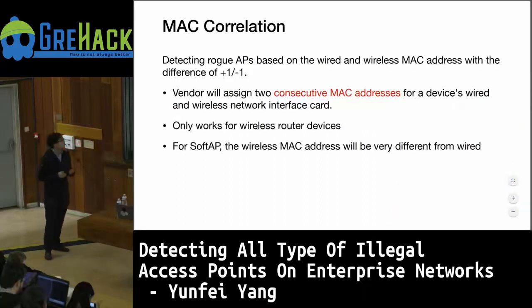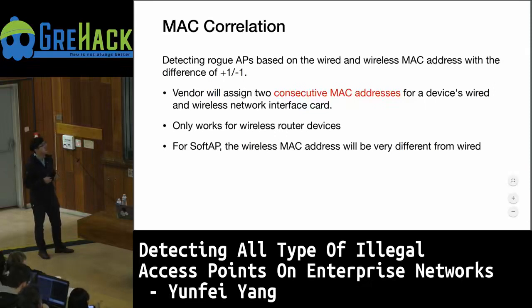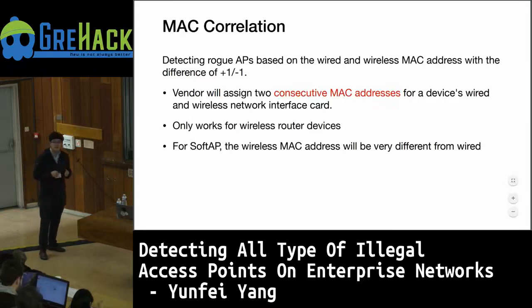And MAC correlation. This method detects rogue APs based on the wired and the wireless MAC address with a difference of +1 or -1. Can you understand this? When a vendor makes a device, it will assign two consecutive MAC addresses for the wired and wireless network interface cards.